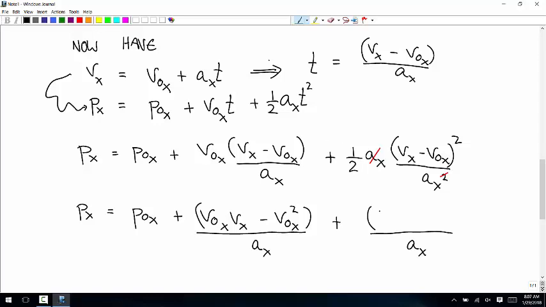But you have Vx squared over 2 minus 2Vx V0x over 2, so that just comes out to be minus Vx V0x, and then plus V0x squared over 2.